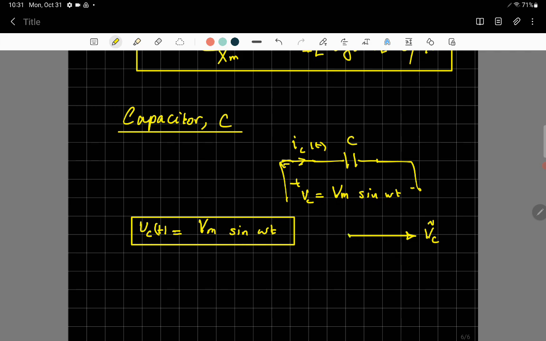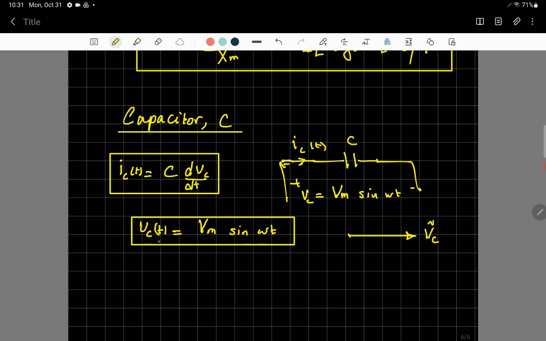How to find the current? There is a fundamental relationship between the voltage and the current in the capacitor. The current in the capacitor is equal to C dV by dt. So the current in the capacitor is directly proportional to the rate of change of the voltage across the capacitor.